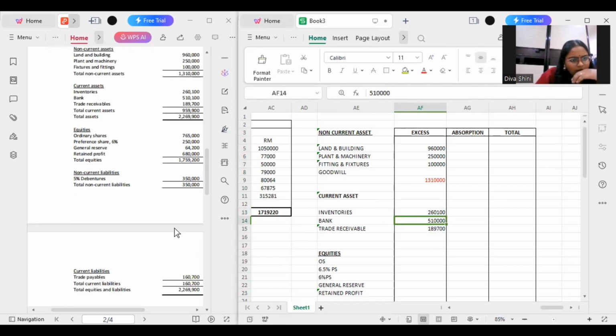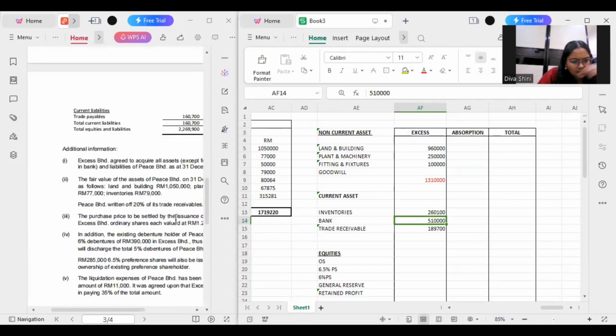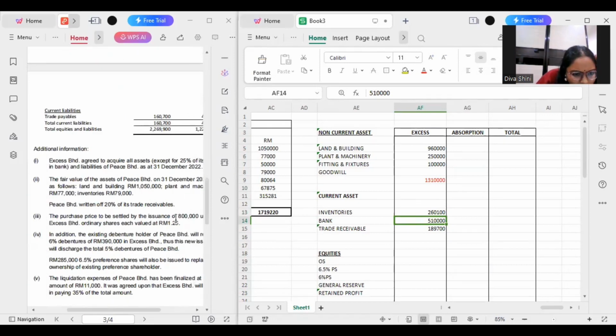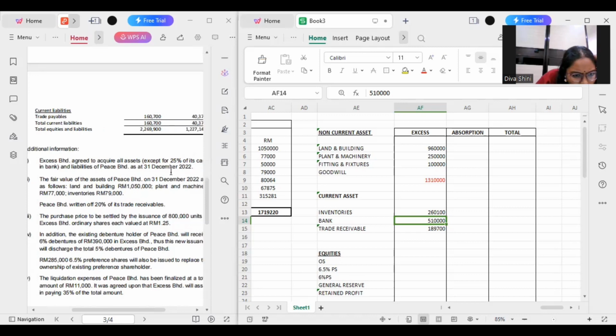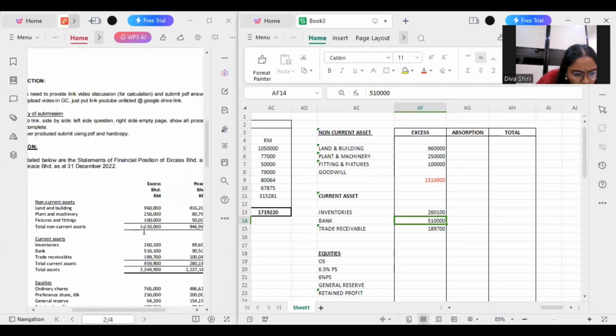But for the bank, we need to calculate it.